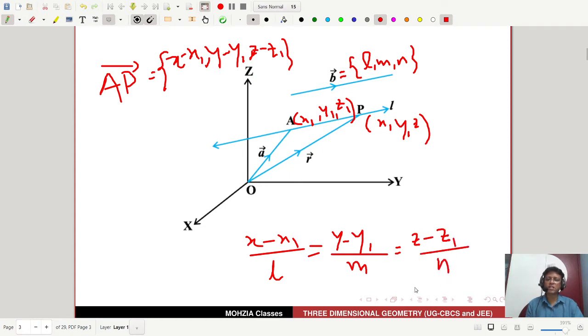So this is the canonical form of the straight line passing through the point x1, y1, z1 and having direction vector whose components are element, direction cosines.